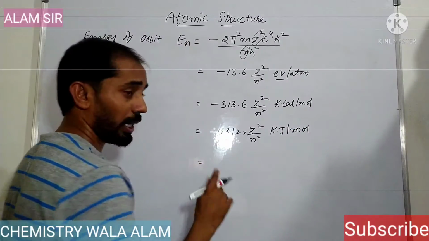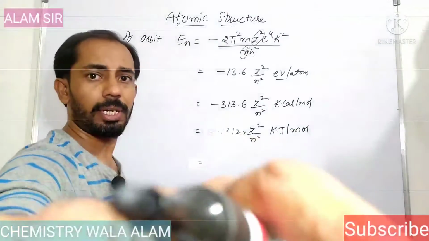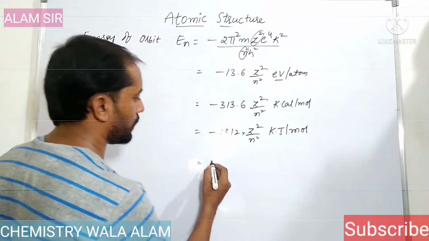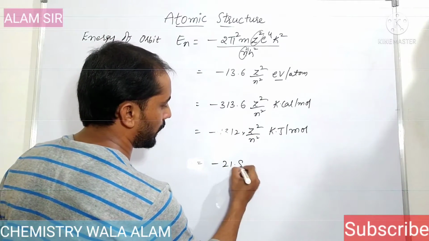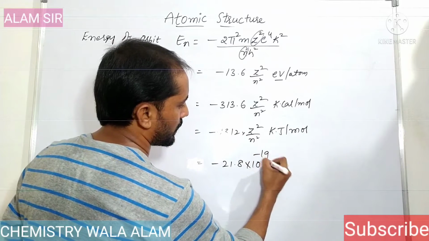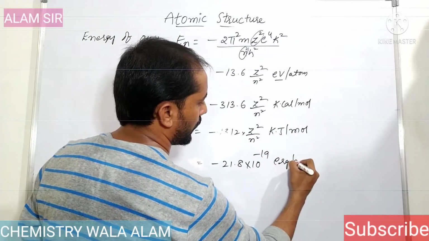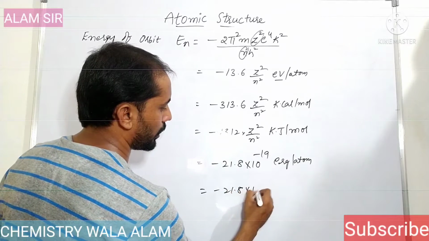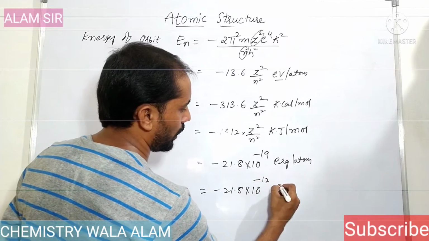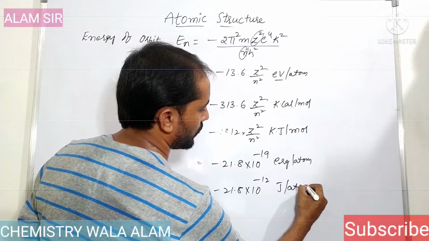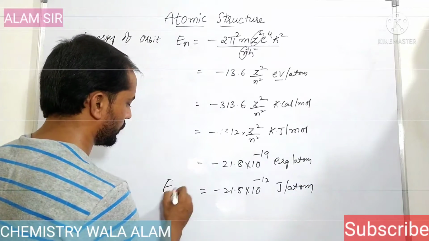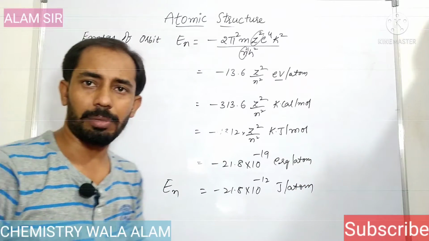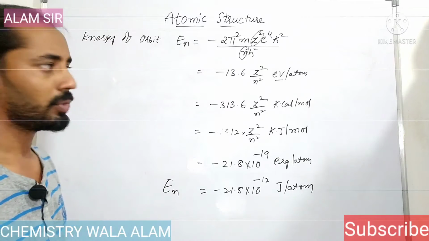Or in erg per atom, it is minus 21.8 into 10 to the power of minus 12 ergs per atom, or minus 21.8 into 10 to the power of minus 19 joules per atom. This is the energy of the nth orbit according to Niels Bohr.